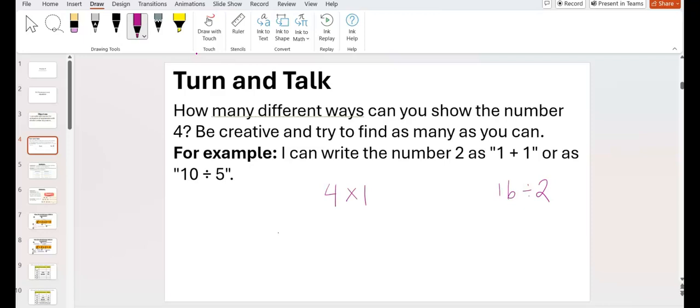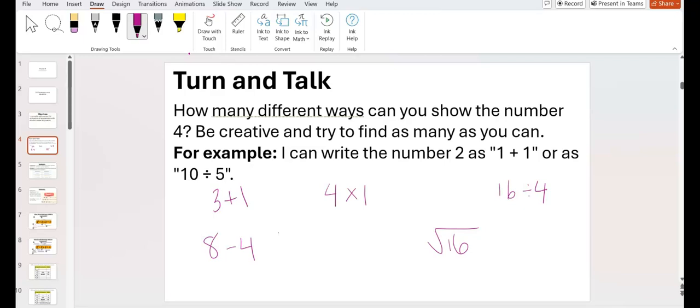You could have done 8 take away 4, or the square root of 16. Various things here. 3 plus 1, lots of different ways.